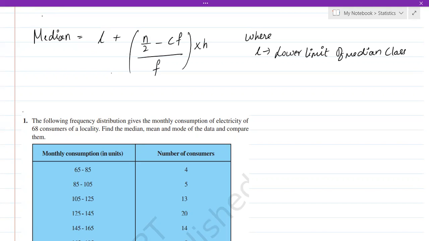Then n is the number of data or number of observations. H is class size. CF is cumulative frequency.